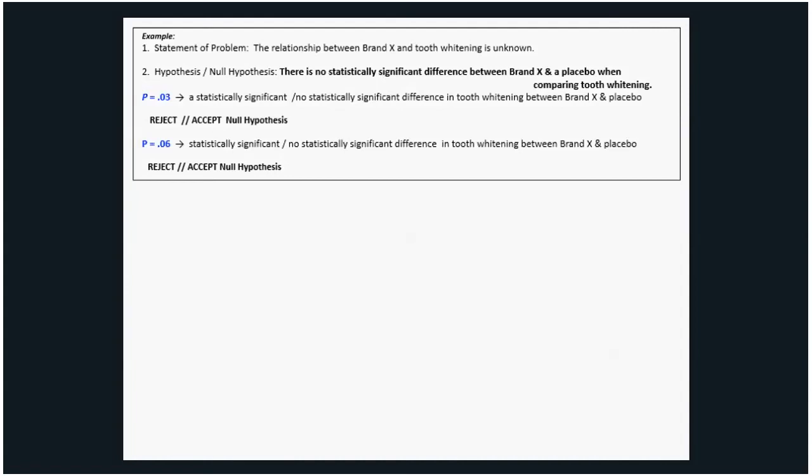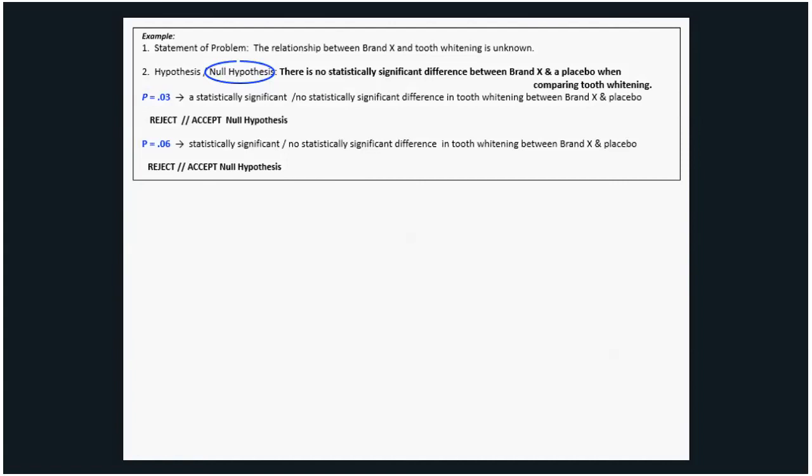Okay, so is this a hypothesis or is this a null hypothesis? It's going to be a null hypothesis. We're saying there's no difference between brand X and a placebo. Basically, if you forget the placebo, you can say no difference between brand X and tooth whitening.